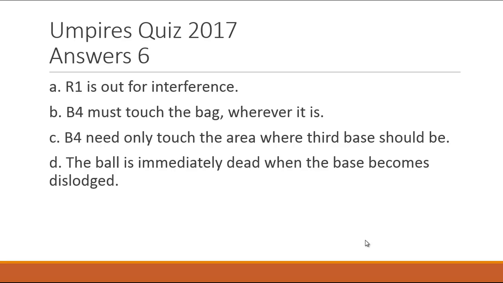What does the batter need to touch? Does he have to touch the bag wherever it is? Or does he need only to touch the area where third base should be? Or does the ball immediately become dead when the base is dislodged?